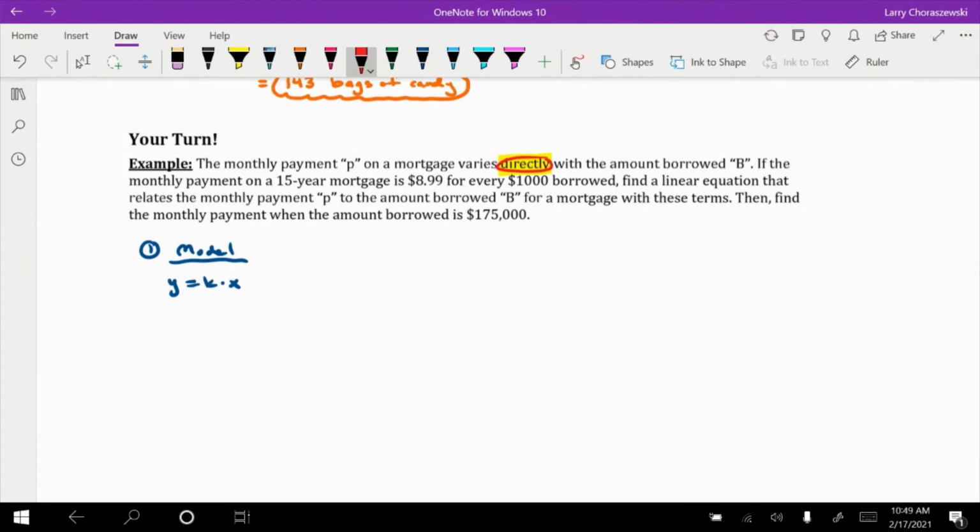Varies directly. Replace our variable y with P. Replace our variable x with capital B. Step 2, find k.